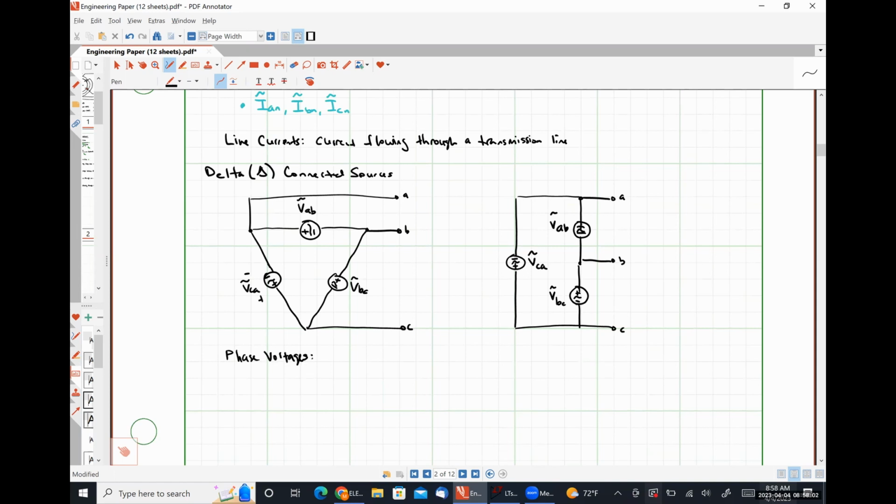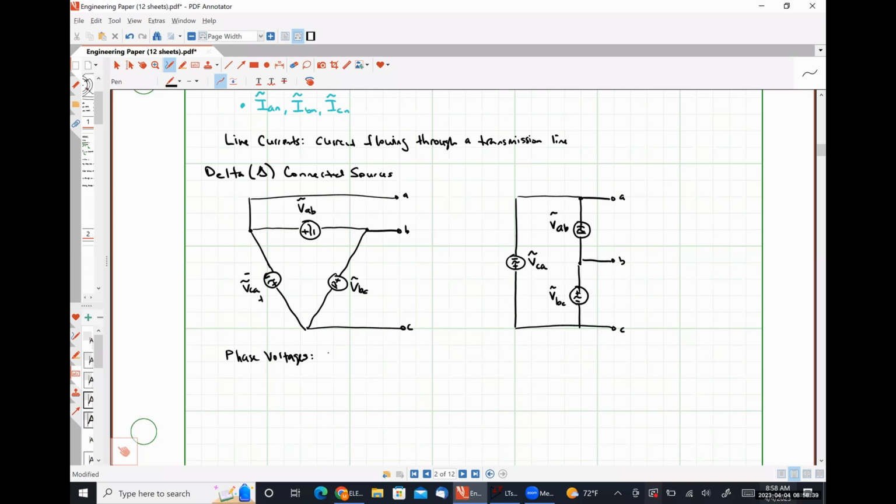So phase voltages are defined in literally the exact same way. They are the voltage drop across one phase of our source in this case. So tell me what my phase voltages are. Exactly right.